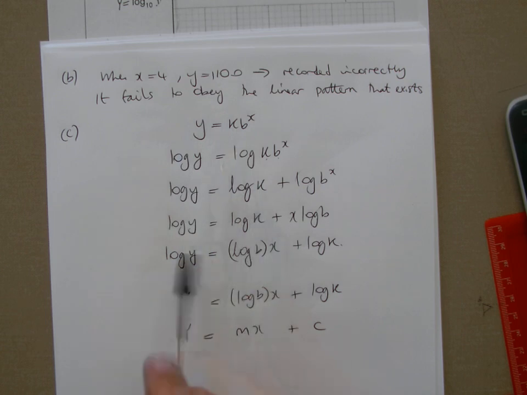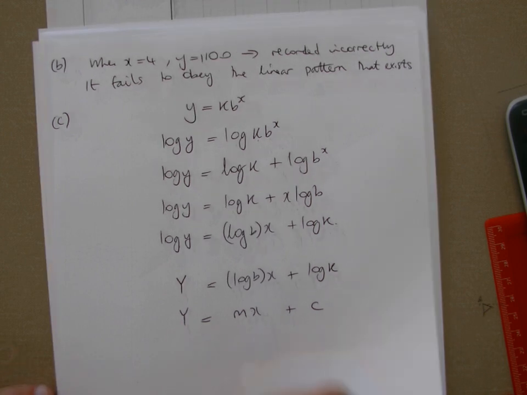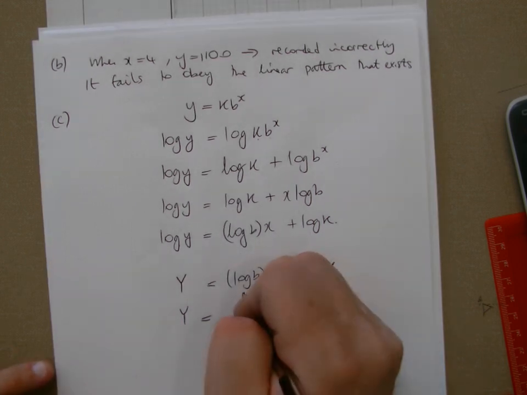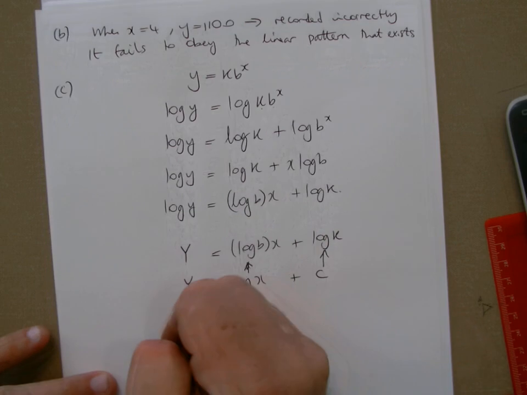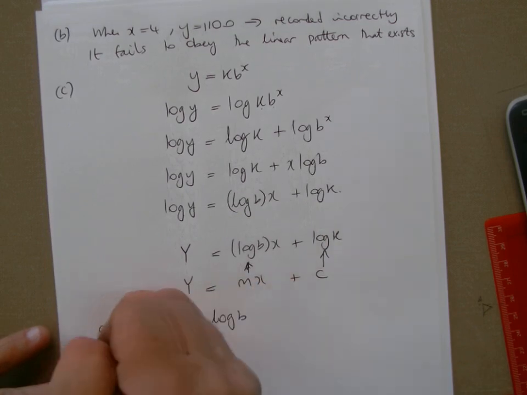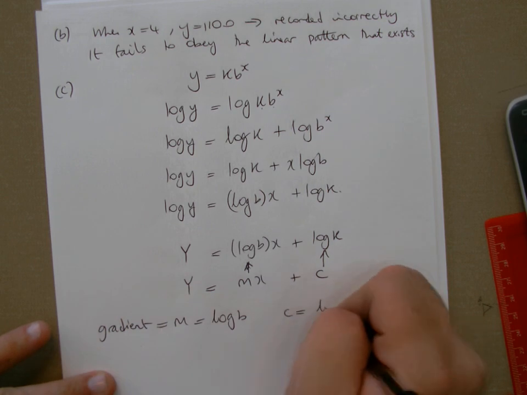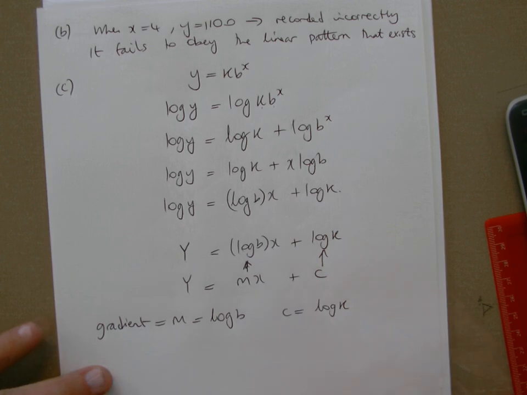When you take logs, it ends up looking like straight line format, where Y is your log y values, and more importantly, you can work out what your m is and what your c is. Your m is equal to log b, in other words, the gradient, and your c is log k, and remember the c is the y-intercept.